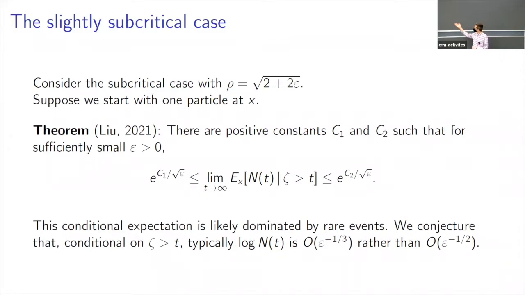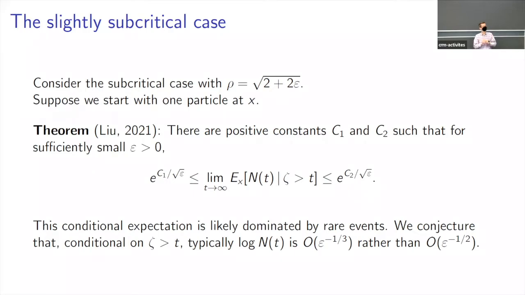She showed that there are positive constants C1 and C2, such that if epsilon is sufficiently small, then the limiting expected number of particles at time t, conditioned on survival at time t, is bounded below by e to the c1 over the square root of epsilon, and bounded above by e to the c2 over the square root of epsilon.